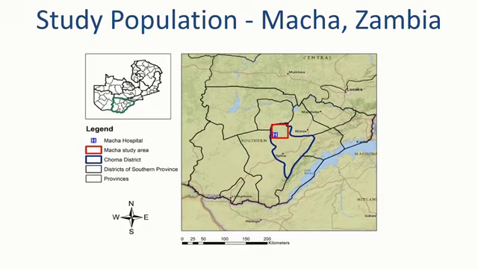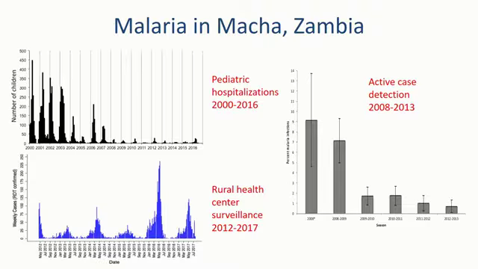It's an area of about 1,200 square kilometers, and it's a very rural area populated by traditional agrarian villagers. And we have a pretty good idea of the malaria situation so far historically in Macha from many different perspectives. The first being from data collected by Phil Thuma on pediatric hospitalizations in Macha Hospital going back about 2 decades, where you can see a very clear trend in what happened.